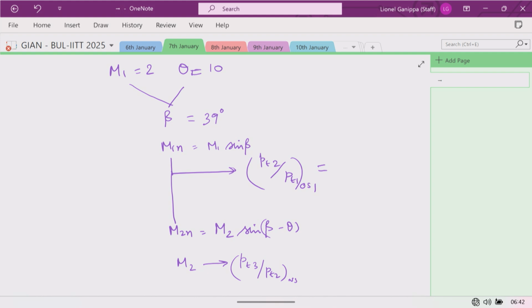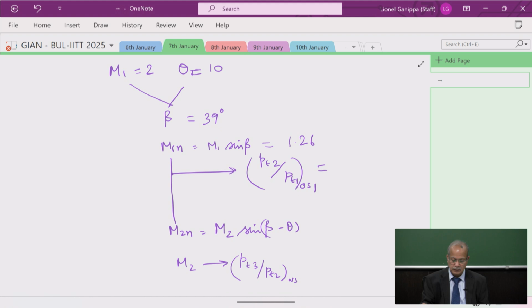What is M1N? 1.26. For that value, you can directly find PT2 by PT1. Should be 0.98. 0.9857.